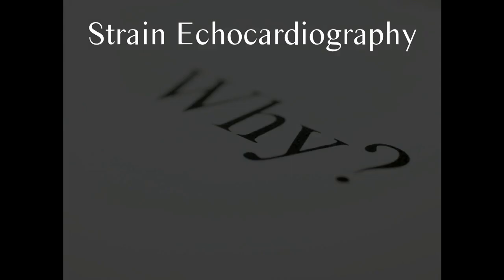So we've gone over concepts of deformation, strain, and strain rate, and hopefully I've shown you how strain echocardiography is going to bring those concepts to life. And in a minute, we're going to do the how-to, but I want to leave you essentially with the why. Why do we use strain echocardiography? The clinical applications have started to become widespread and impressive.